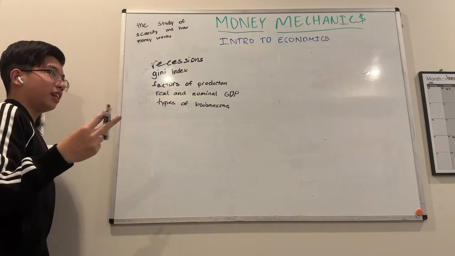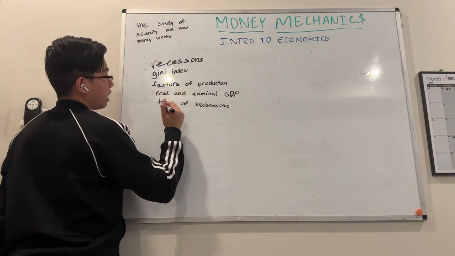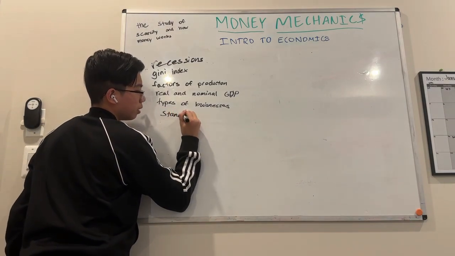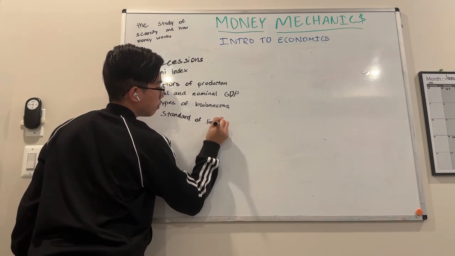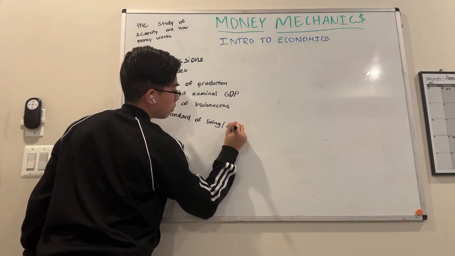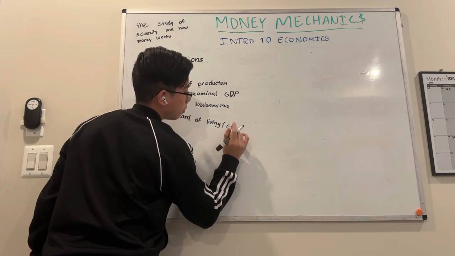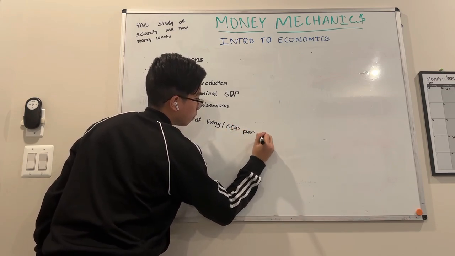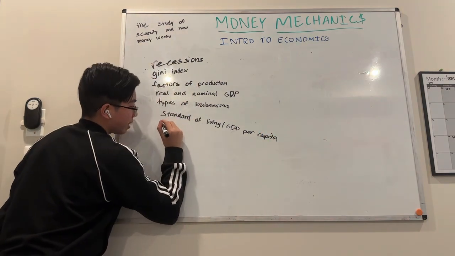We went over the standard of living and the GDP per capita. We learned about the money cycle.